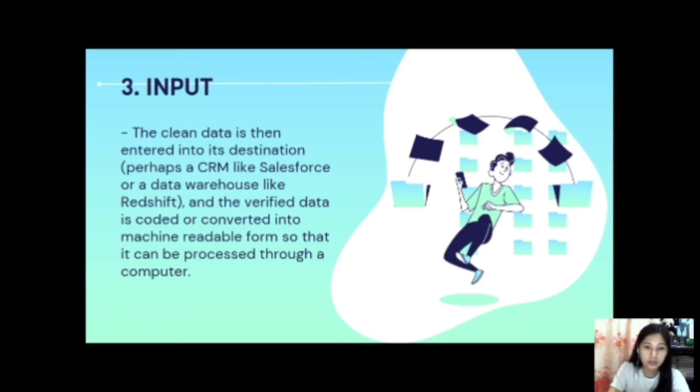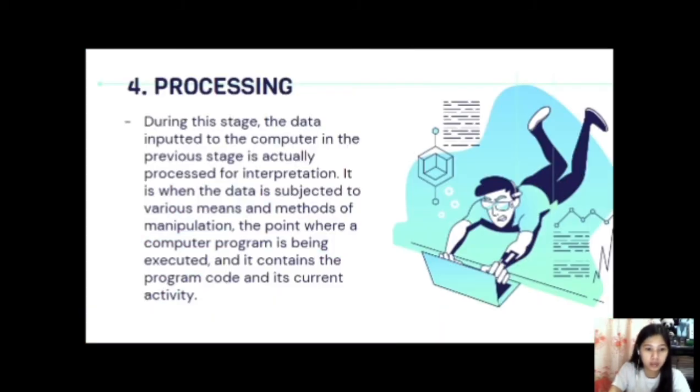So, the data input, ito na yung first stage in which yung raw data it begins to take the form of usable information. Kasi dito na nangyayari yung conversion. So next is processing. During this stage, the data inputted to the computer in the previous stage is actually processed for interpretation.